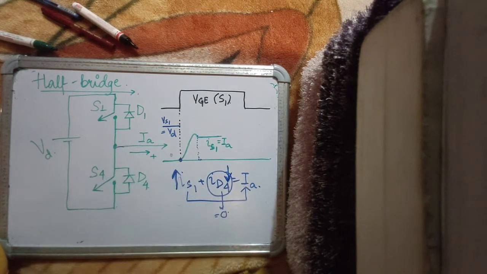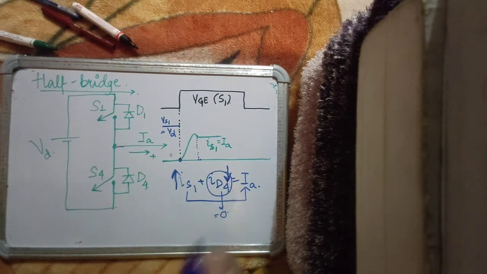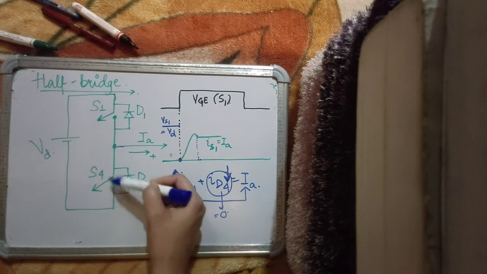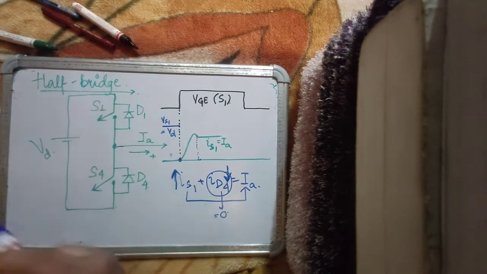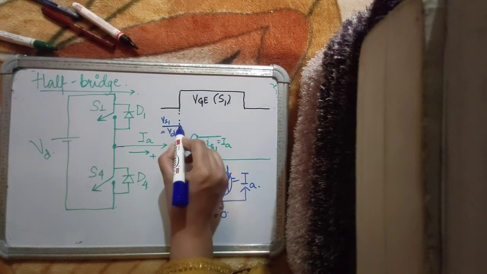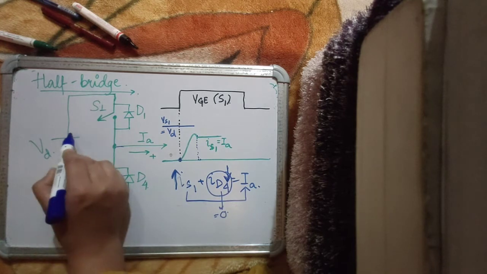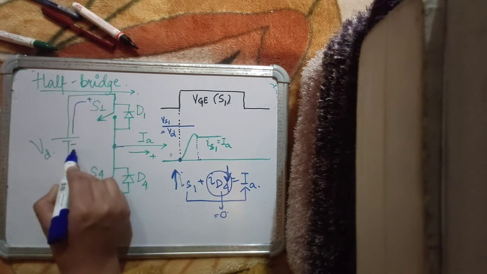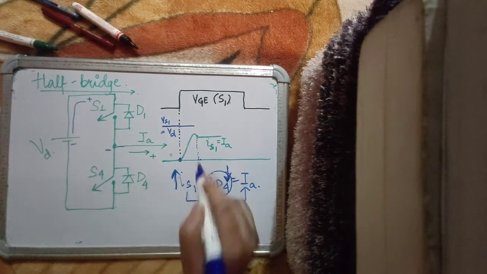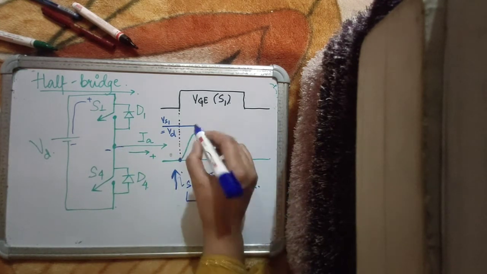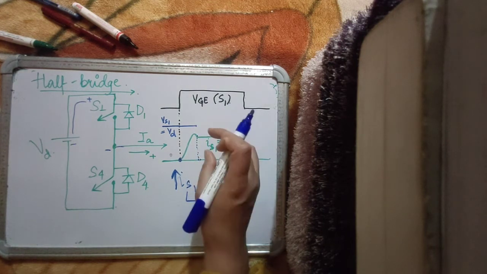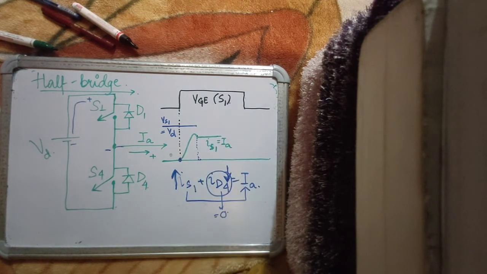But in diode clamped power electronic circuits, because of the conduction of the previous device, the voltage across the incoming device S1 does not fall to 0 as long as D4 conducts. And as long as D4 conducts, this plus is here, this minus is here, so the entire DC link appears across the switch.